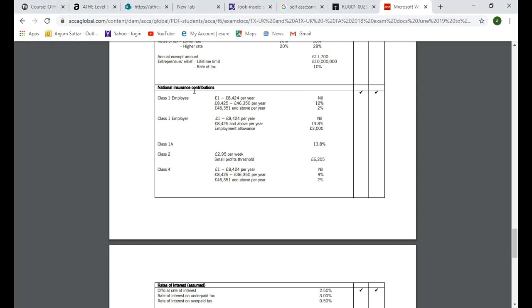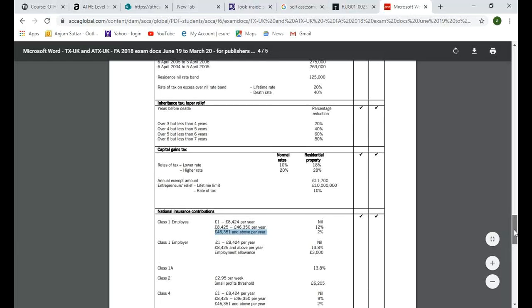If their income is higher than 8,425 pounds, they have to pay 12% NI contribution up to 46,000. Any income more than 46,000, they only pay 2% NI contribution. Why pay less above 46,000, but more between 8,425 and 46,000? Because the tax rate is increased there. The tax rate is 50% there.